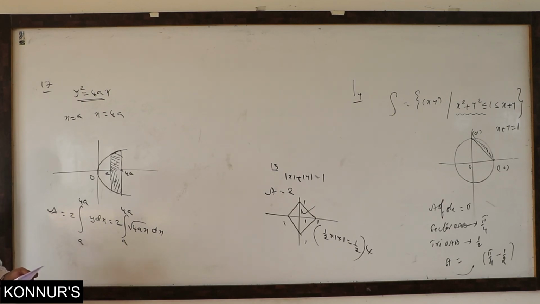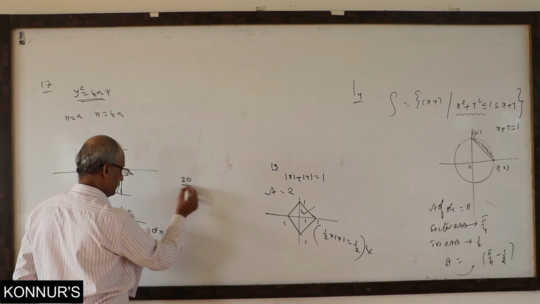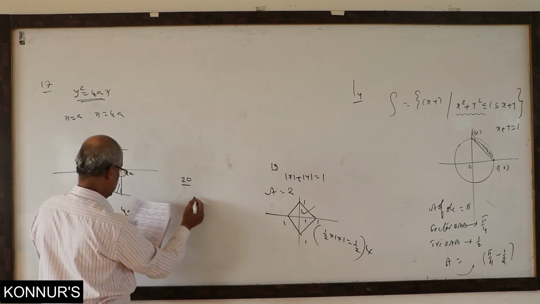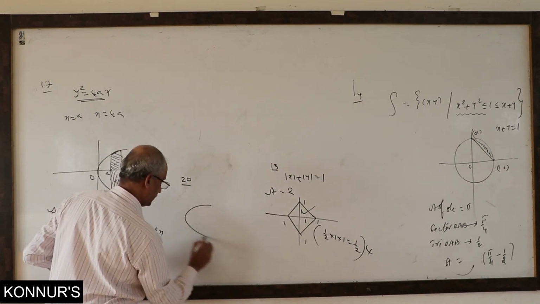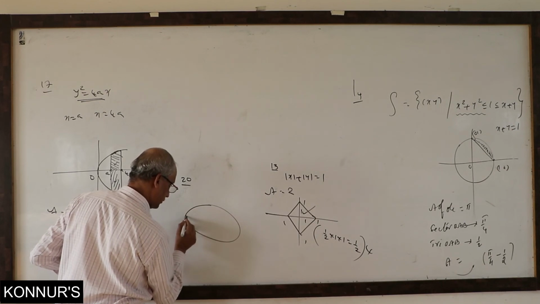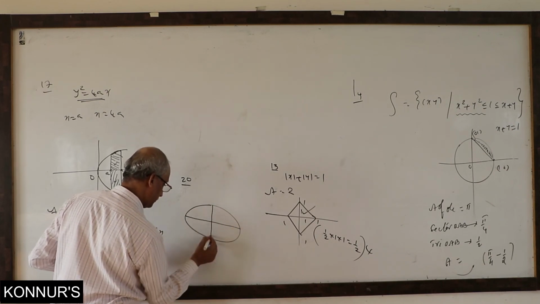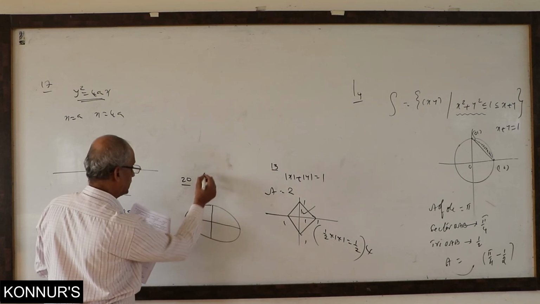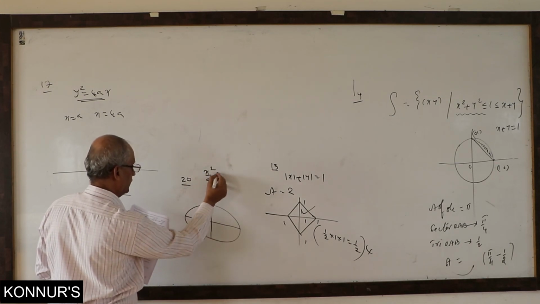Very happy. Area of the ellipse. Next problem. Formed by tangents at the ends of the latus rectum. For the 28th also I will give you a figure. Once you know the diagram you can easily finish the integration. This is about the ellipse, the standard form of the ellipse. Horizontal, because a is more than b.